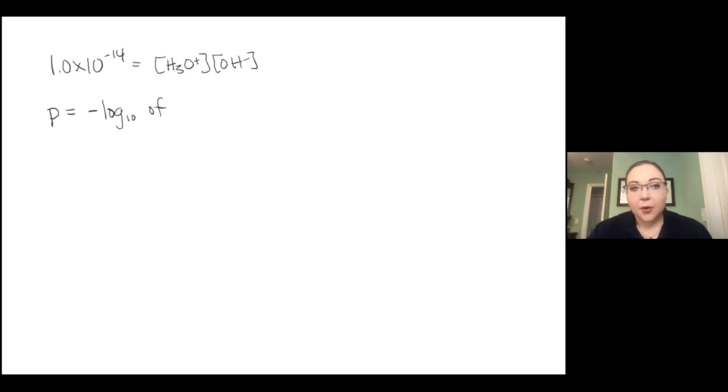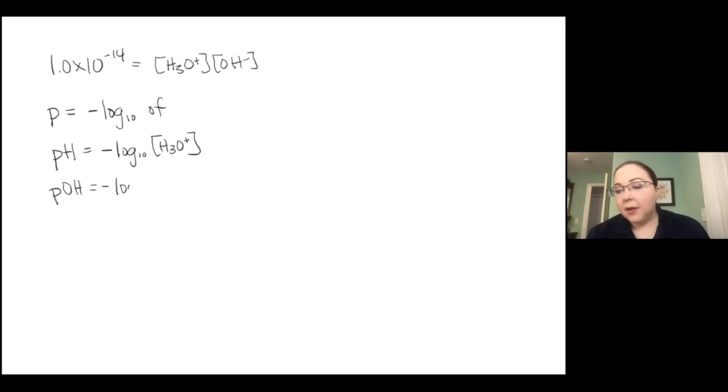Okay, so if I want pH, I'm going to take the negative log base 10 of our H3O+ concentration. If I want my pOH, I'm going to take the negative log base 10 of my OH- concentration. Okay, so P is just an operator. It tells you what to do, take the negative log of.